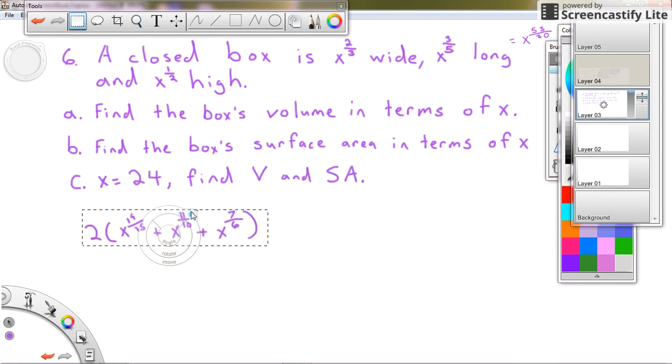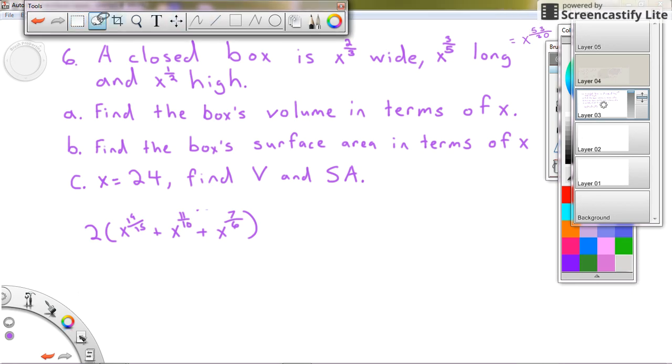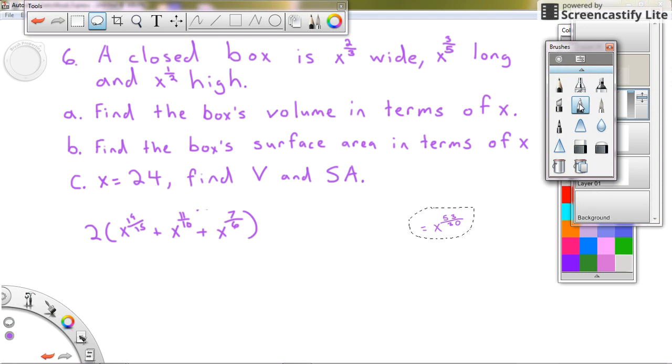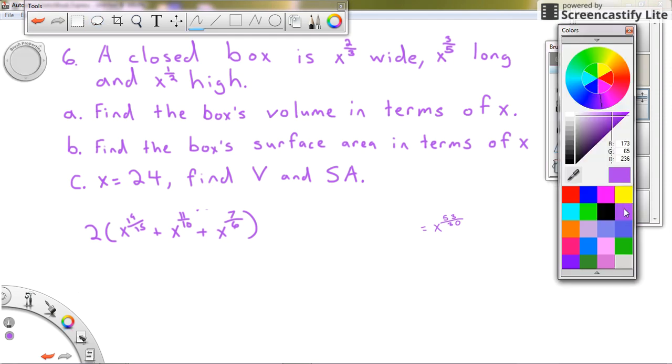This is our surface area. Okay, and I'll go ahead and make a note of that. And this over here, which I can go over here and grab. This is our volume. Okay, so let's make a note of that. This is equal to the volume, and this is our surface area here.